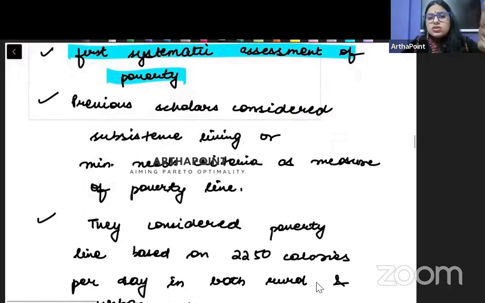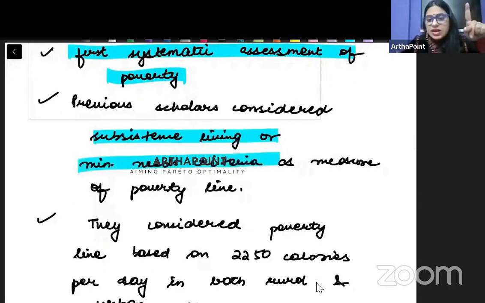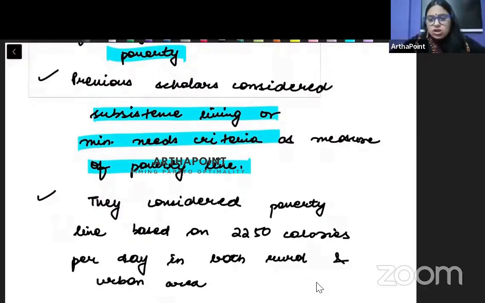All previous scholars considered the subsistence or minimum needs criteria as the measure of poverty. तो इनसे पहले जो भी scholars आते थे, they used to always say कि हम poverty किस basis पे करेंगे? On the minimum requirements, food, cloth, shelter की जगह जो minimum subsistence है, सबसे minimum requirement है, we will consider poverty on that basis, right?